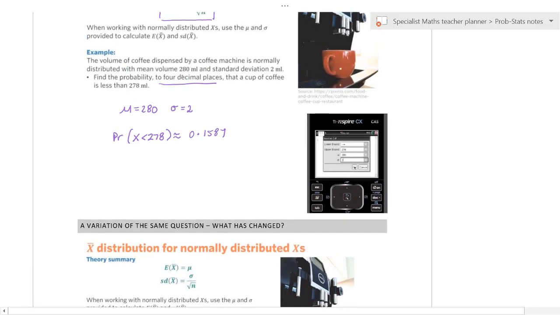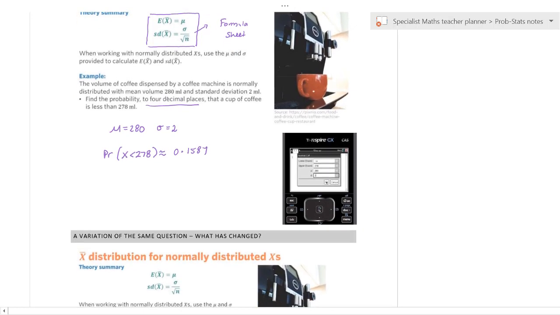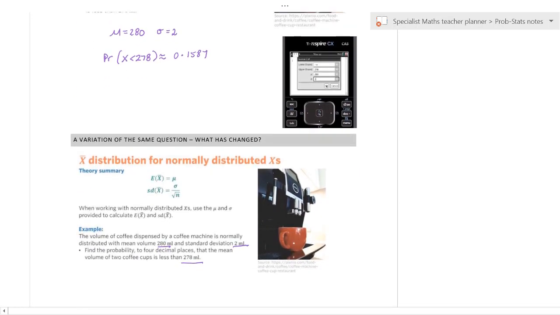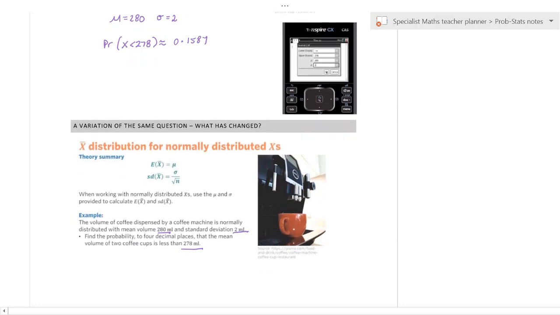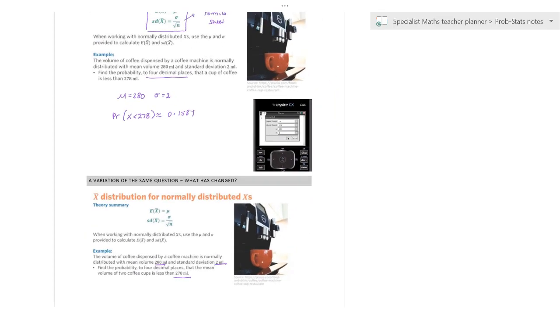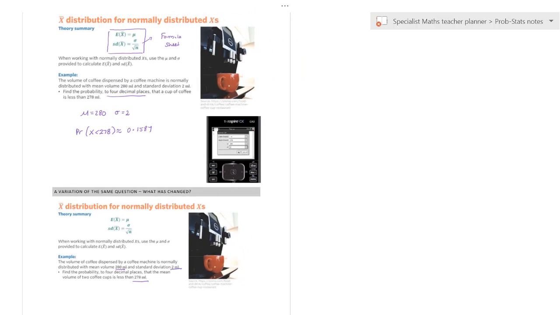It looks exactly the same. I want you to have a look and see if you notice anything different between these two. A variation of the same question. What has changed?